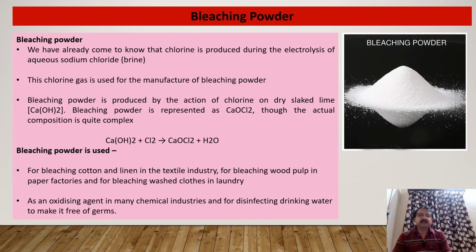It is also used as an oxidizing agent in many chemical industries and for disinfecting drinking water to make it free of germs. So we have seen that bleaching has a very vital role in our life.